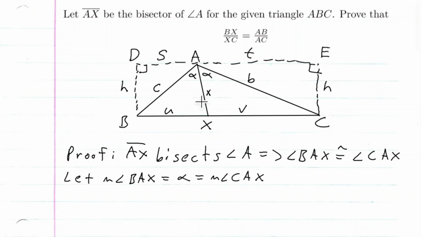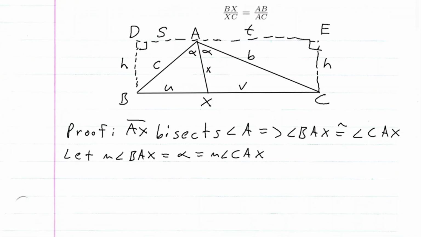So what I've done is now I know that BA is a transversal for this line DE and this line BC, which are parallel to each other, right? Okay, so since BA is a transversal, we know this and this are congruent by the alternate interior angle theorem.